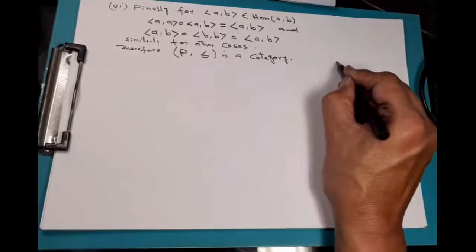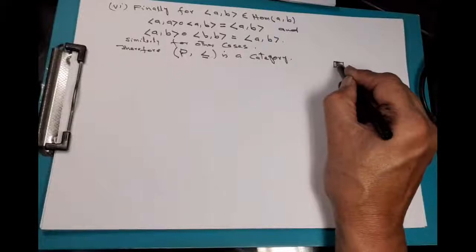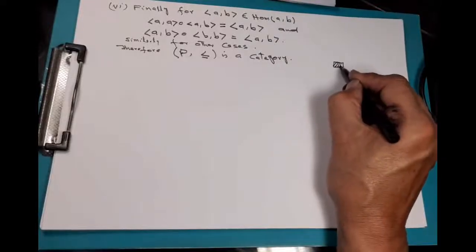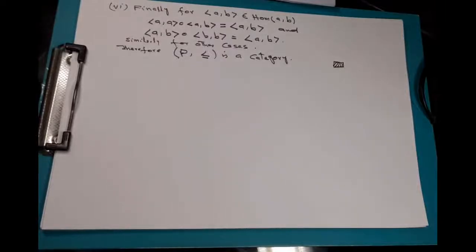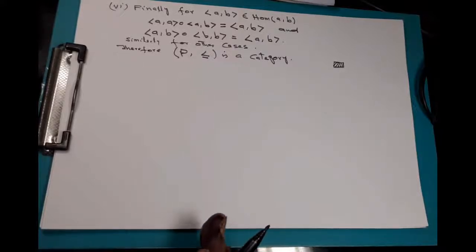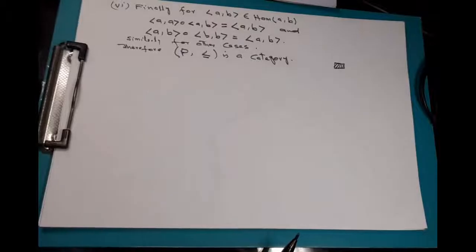So note that every pre-ordered set is a category in which objects are elements of that particular set, and morphisms are the way we have defined. We have defined that if element A is related with B, then there is one morphism, and if A is not related with B, then there is no morphism. So this is the definition of morphisms for a pre-ordered set.